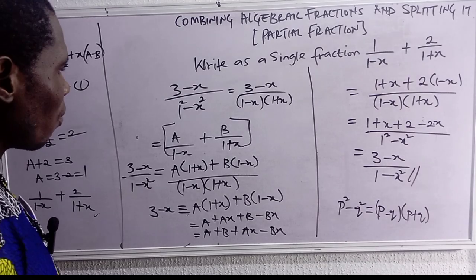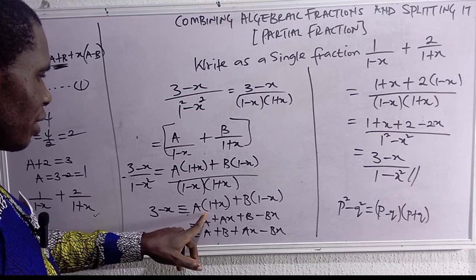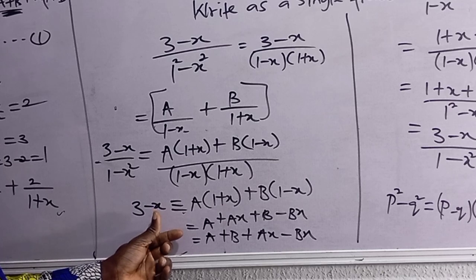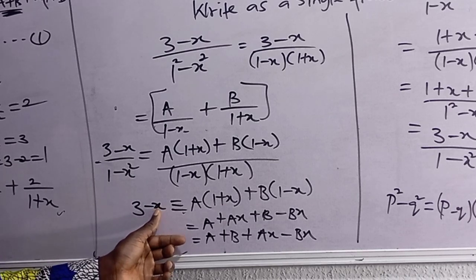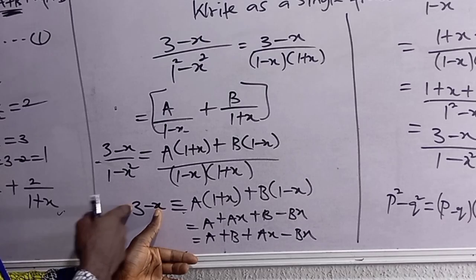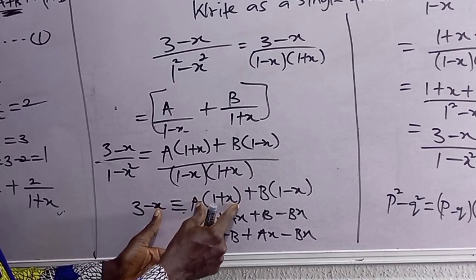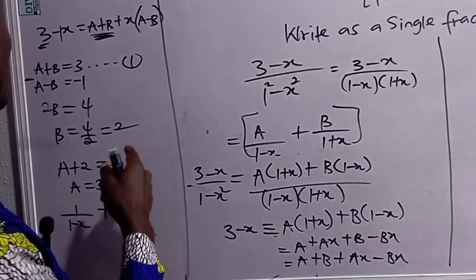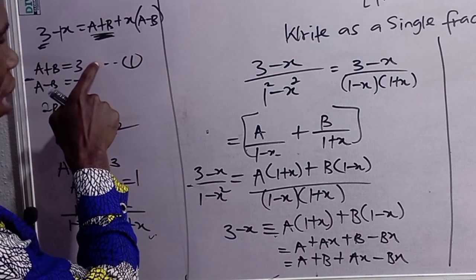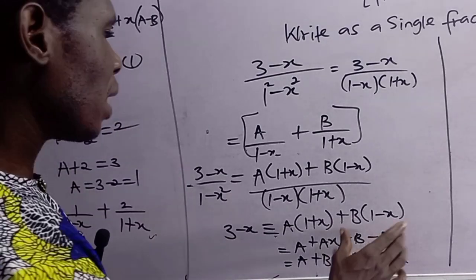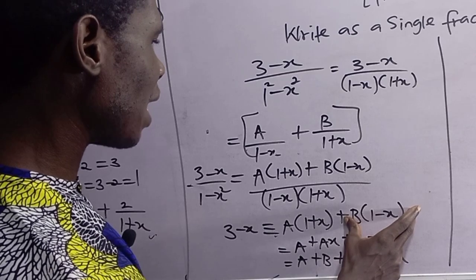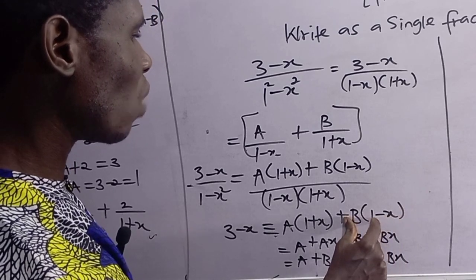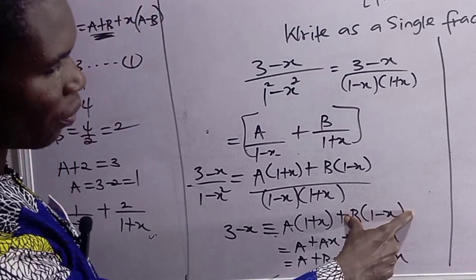But there's a quicker way of solving this. Here, if we put x to be 0, we'll be left with 3, and here we'll be having a plus b is equals to 3, and the equation 1 is out already. We can eliminate b here, this part, by putting x to be 1, because 1 minus 1 is equals to 0.